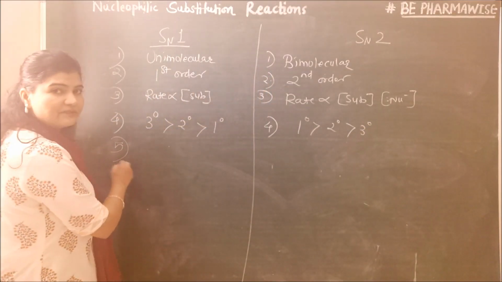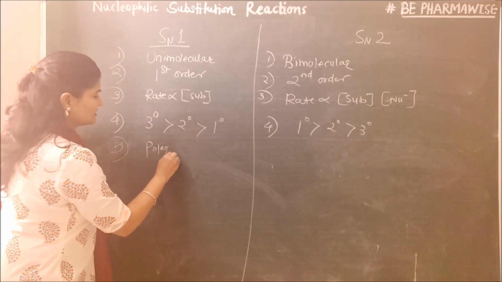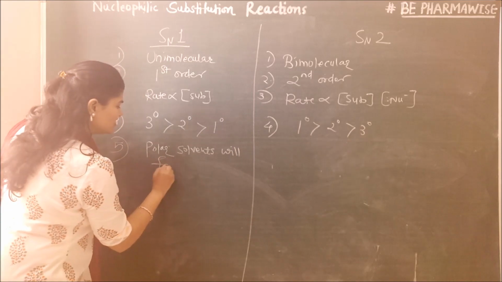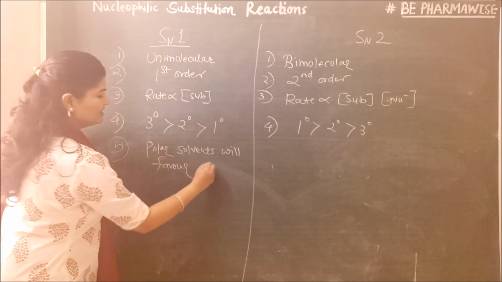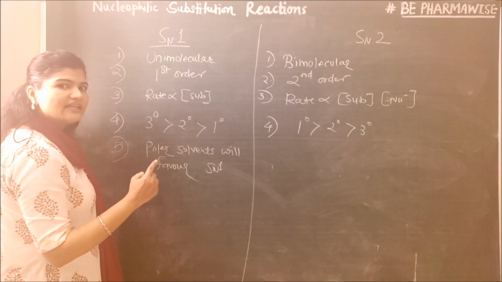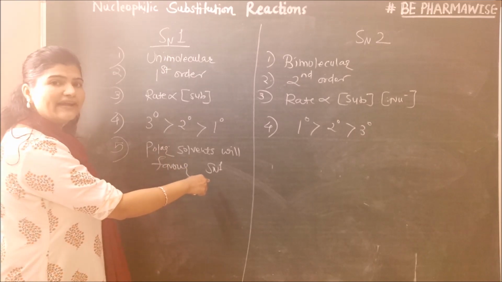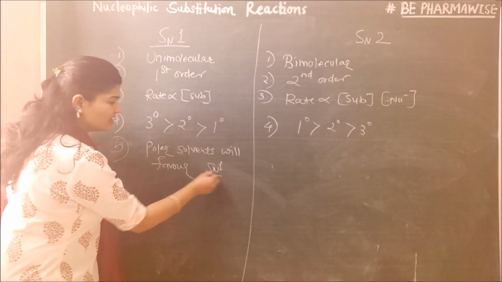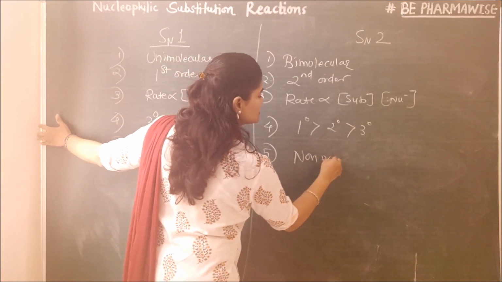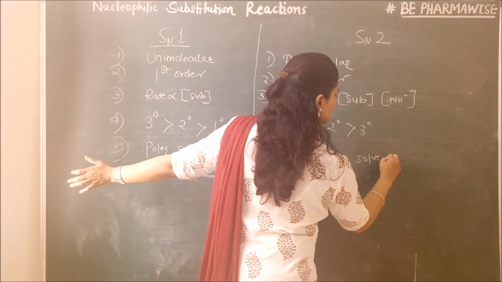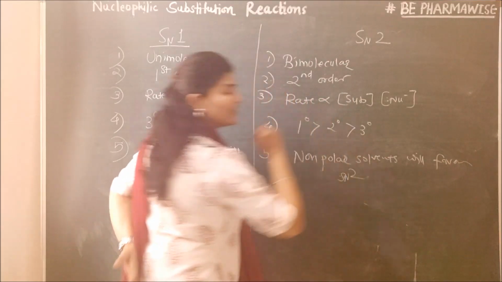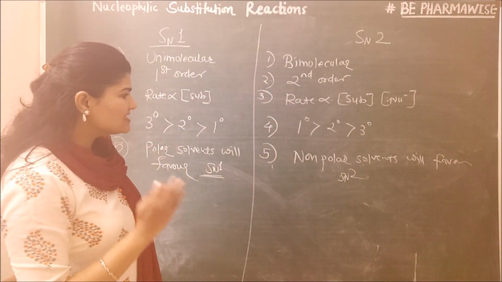For secondary, polar solvents will favor SN1 reaction mechanism. Why? Because they will make the carbonium ion in the first step, which is very easy to attack by the nucleophile. So it will favor SN1 reaction, and here non-polar solvents will favor SN2 reaction mechanism. So this is some basic differences.